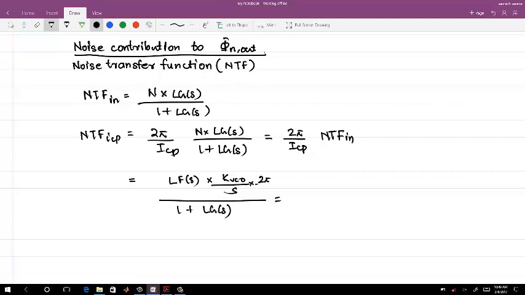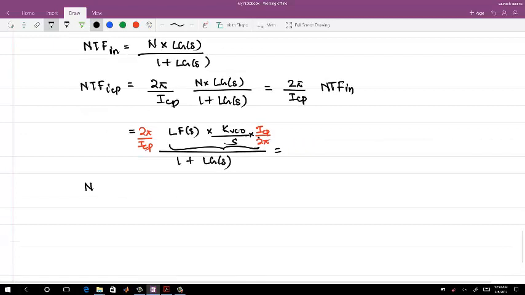So I am multiplying and dividing, ICP by 2 pi and 2 pi by ICP. Okay. Now this particular term itself is what? N times loop gain, right? Now the loop gain takes the 1 by N factor into account. Okay.